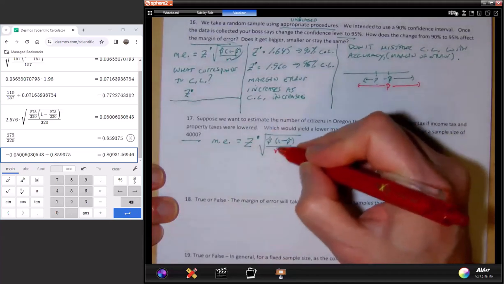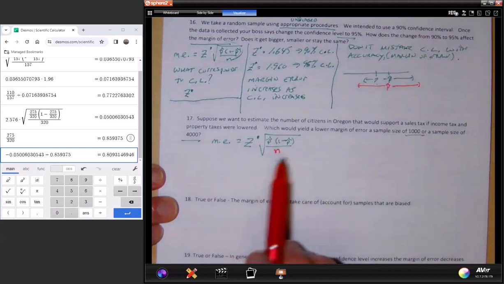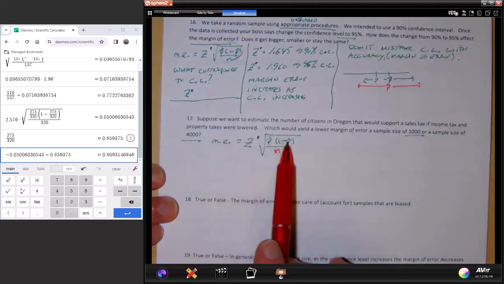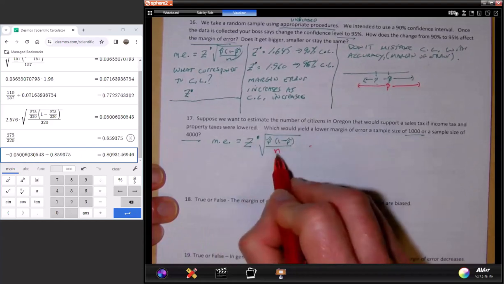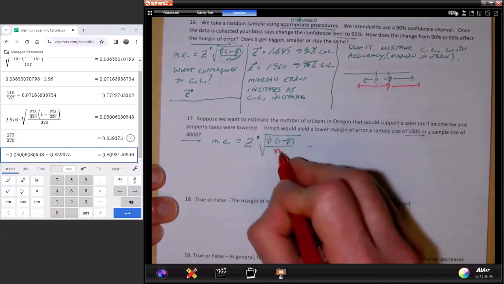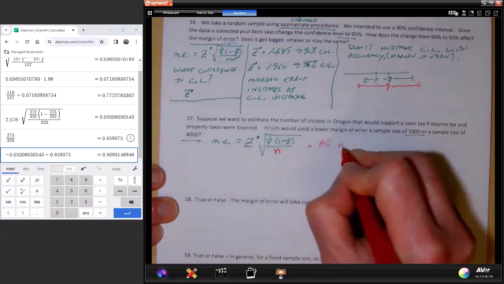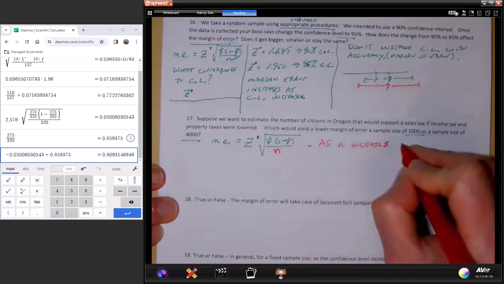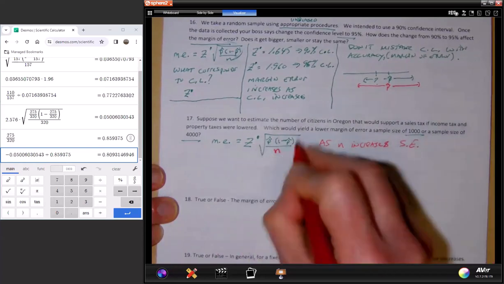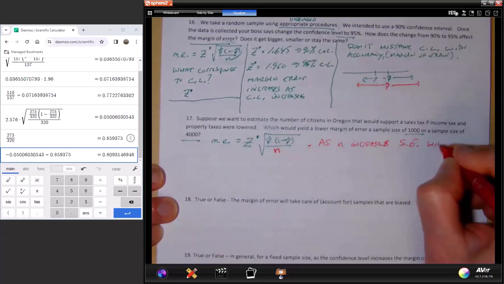So we're leaving this the same, but we're about to change this. Of course, changing this means that we're not going to have the same p-hat value exactly each time. But that's okay, because this is a general question. What happens to the margin of error as n increases, and which will yield a lower margin of error? Well, remember, when you look at this formula, as n increases, standard error will go down. Standard error, the whole part here, not the margin of error, just this part, will decrease.